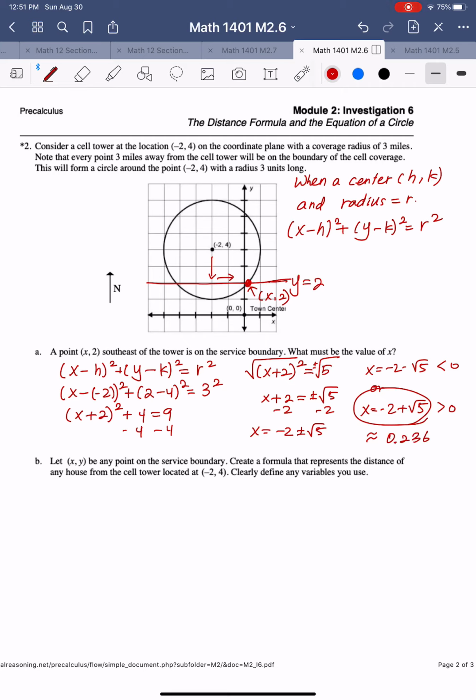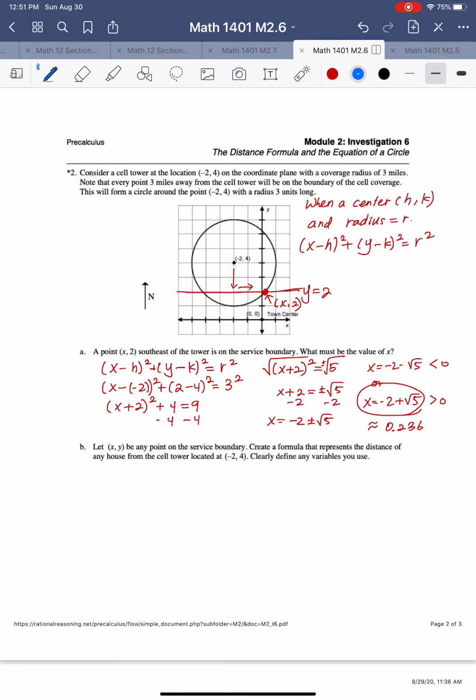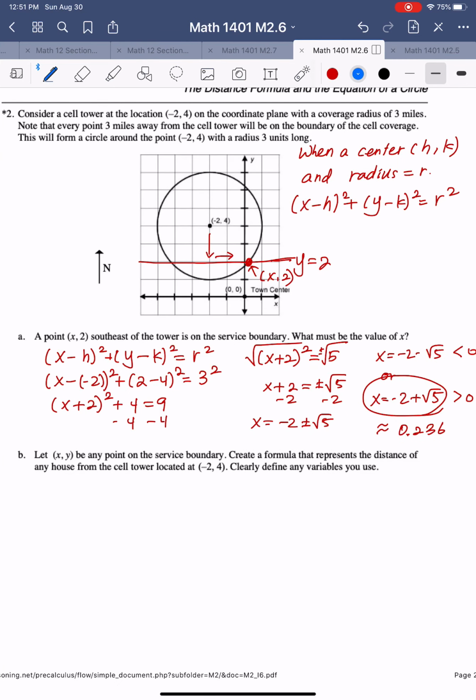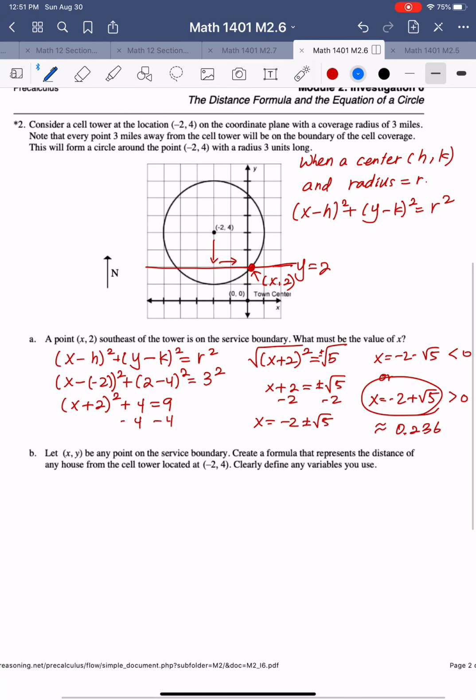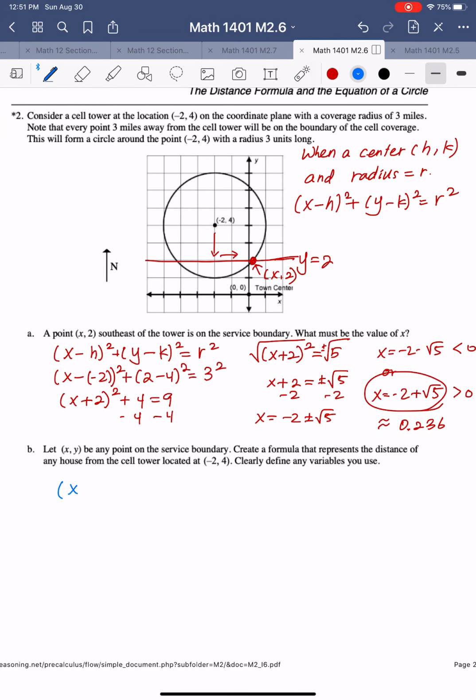Okay, B. Let x and y be any point on the surface boundary. Create the formula that represents the distance of any house from the cell tower located at negative 2 and 4. Clearly define any variables you use. Okay, so now when you have a circle equation, the formula is x minus h squared plus y minus k squared equal to r squared, right?